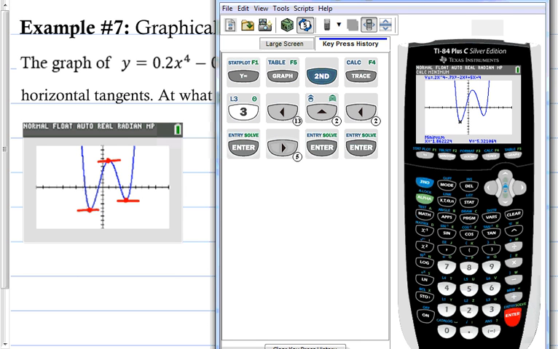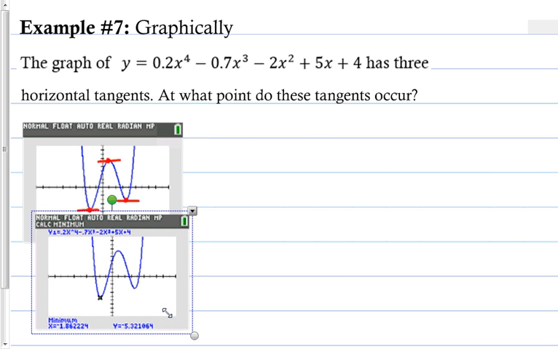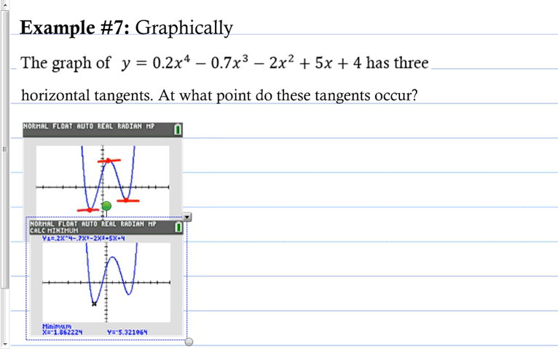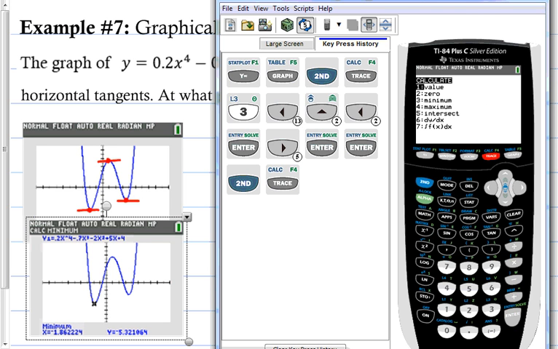And there is my minimum at negative 1.86224, and then the y value. I'm just going to drag this over here so I don't lose the numbers. And you would repeat this for the other minimum. Then for the maximum, it's again second calc, number 4.